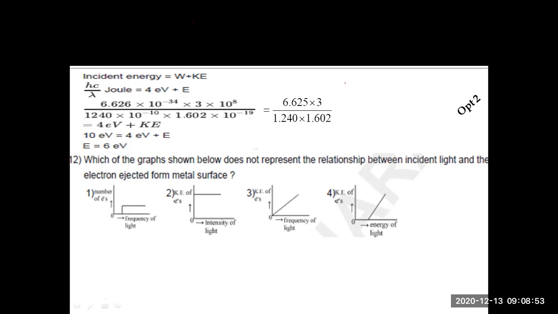Nikita, is it option 3 or 4? 3, sir. Okay.